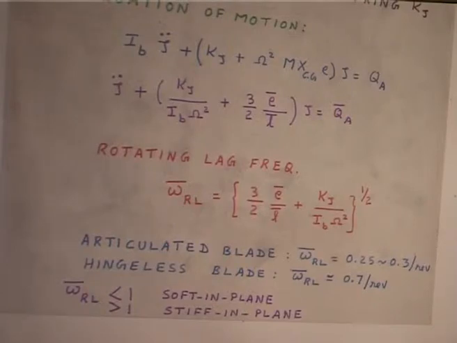In the case of lag, it is only the drag, and the drag is very small compared to the lift. That is why the aerodynamic force in the lag motion is very small. Because of that the damping is very small, but by itself it will not go unstable.